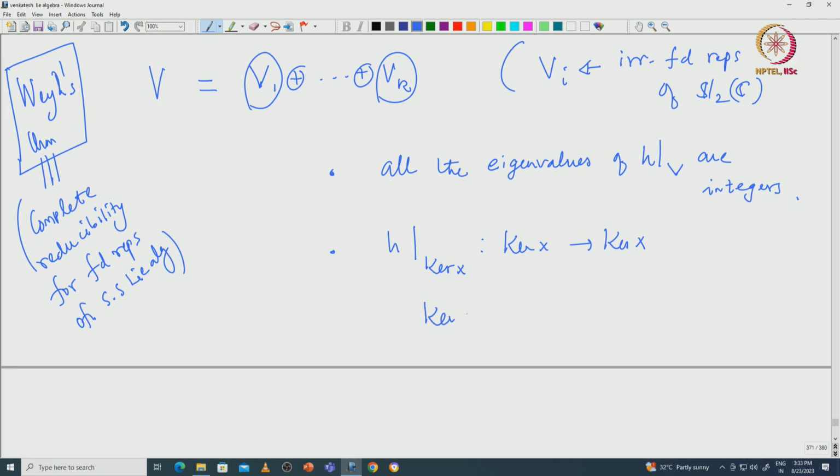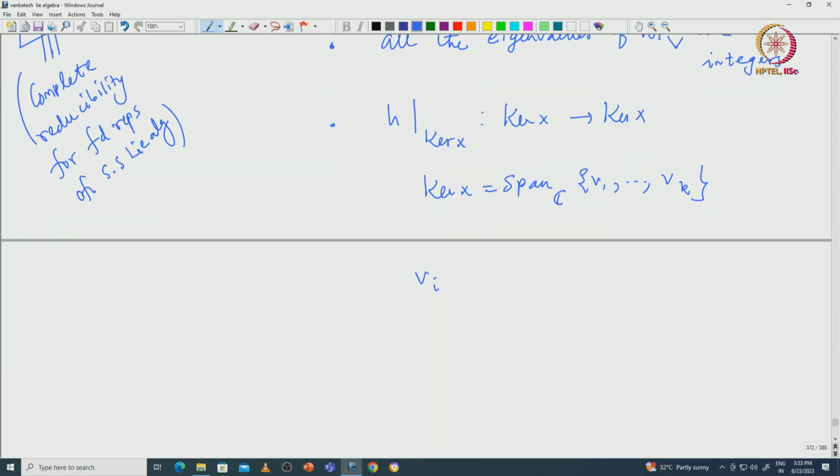So, kernel X is spanned by these v1 etc. vk, where these vi's come from the capital Vi, where X is killing and H is acting as n_i v_i, because H is again diagonalizable on kernel X. So, you can take them to be H eigenvectors.